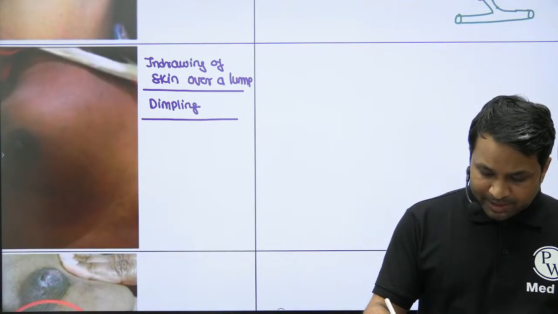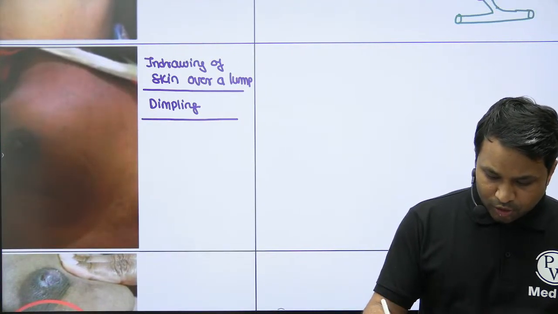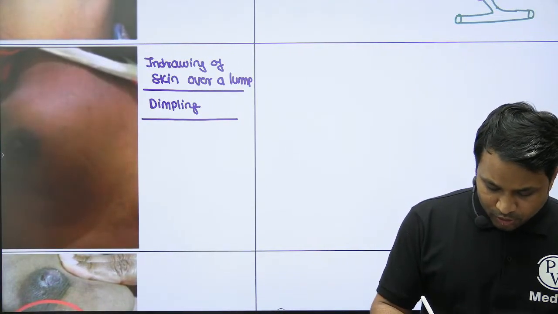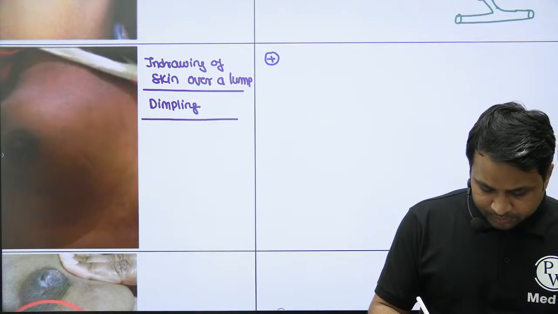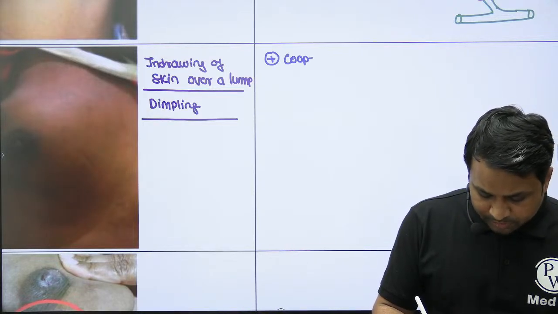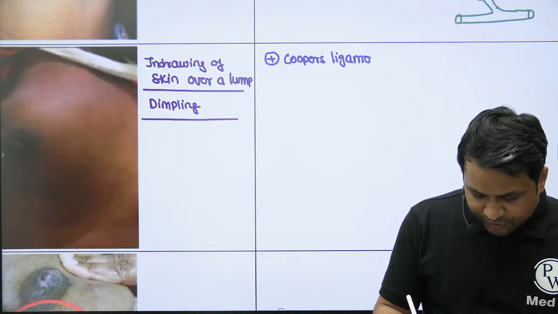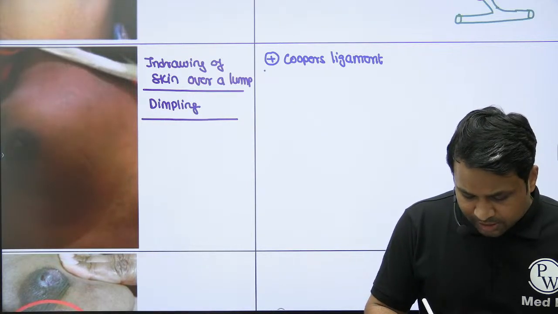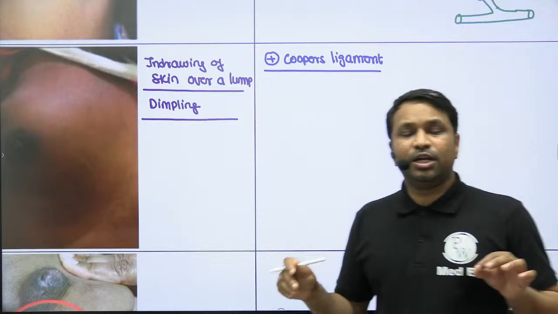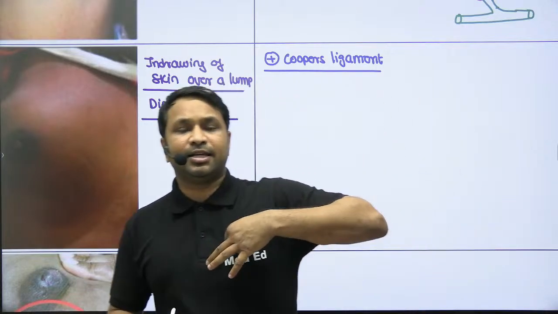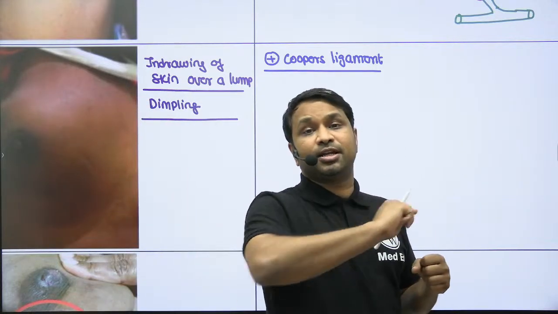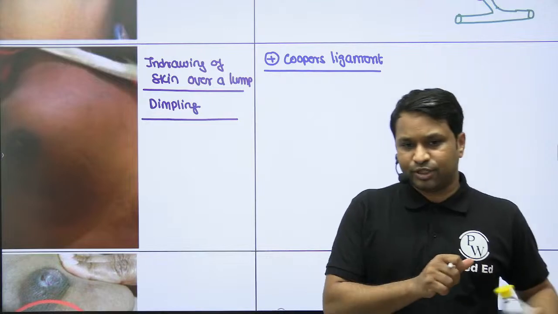Now dimpling basically tells you that it is because of infiltration or involvement of Cooper's ligament. We have already learned that Cooper's ligament anteriorly attaches to the skin, posteriorly attaches to the pectoralis fascia, correct?